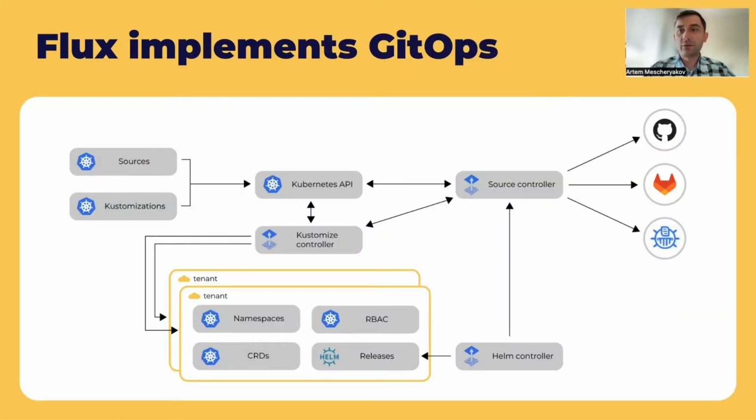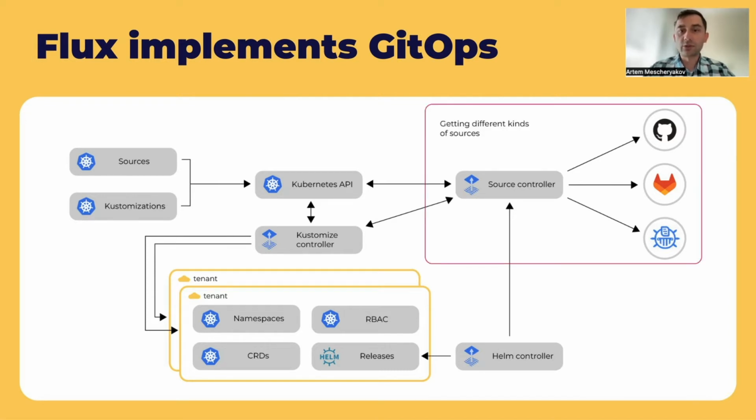So a brief look at the architecture. As I said, there are controllers running in the cluster. The source controller is the portion that gets different kinds of sources. This can be Git repositories; all modern kinds of providers are supported.